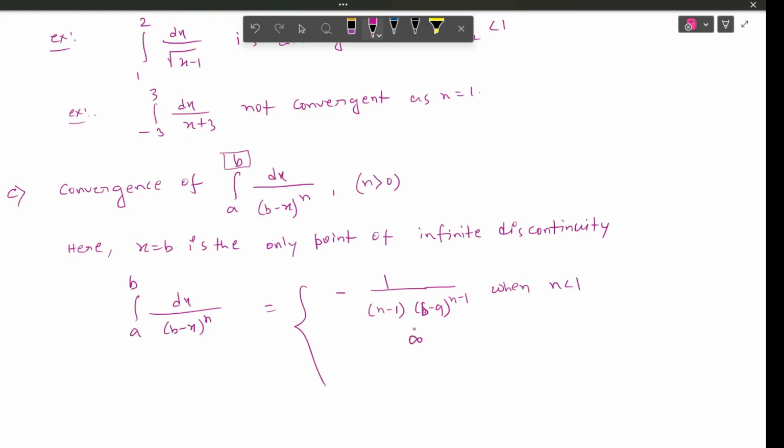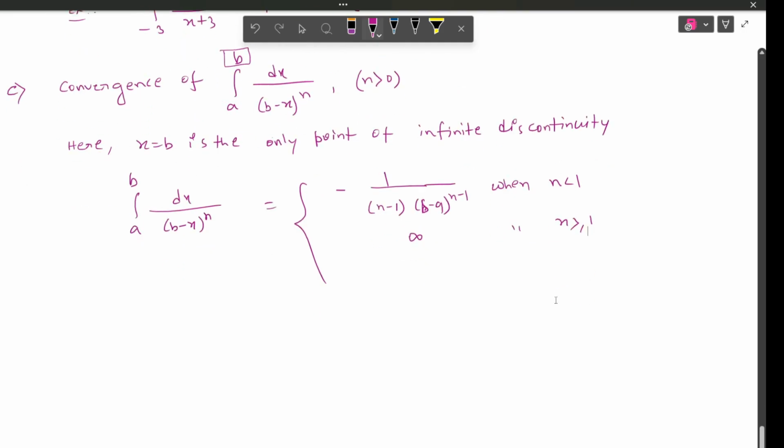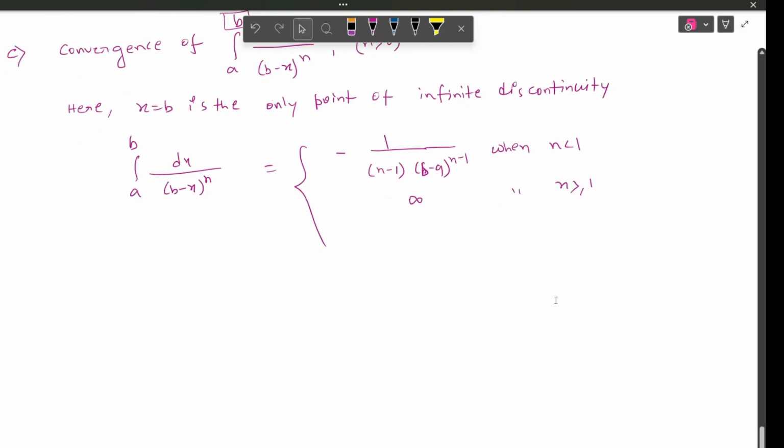This will be infinite when n is greater than or equal to 1. So from here also we can see that this is convergent only when n is less than 1.